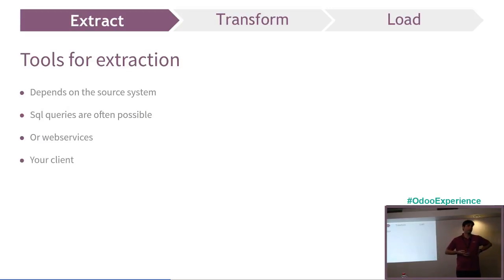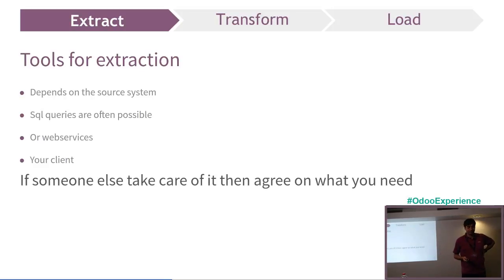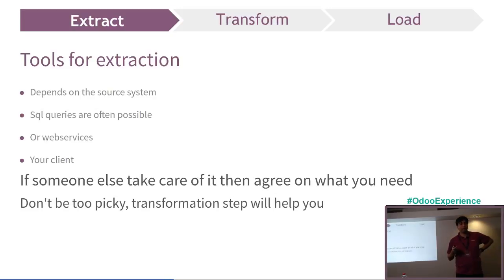Just ask him, get me that. It's usually what I do. And if someone else takes care of the extraction, agree with him on what you want to extract. But don't be too picky. If there is some typo or problem, for example, countries spelled in a different way than in Odoo, you can fix that at the transformation step. Don't waste time making them fix that data.